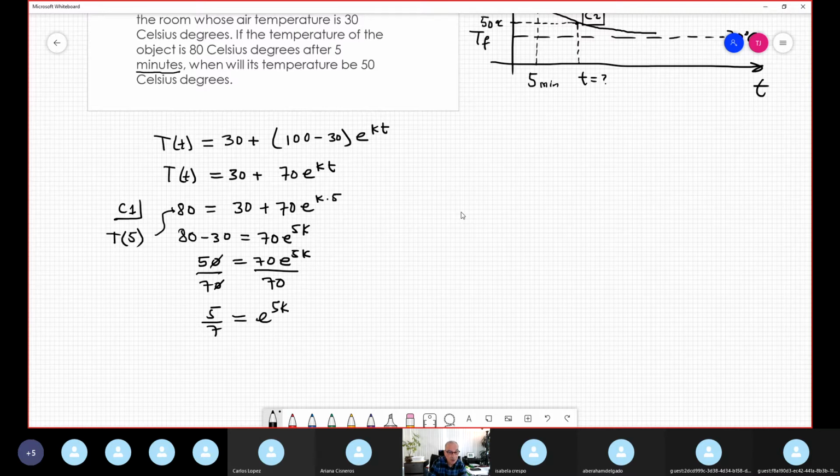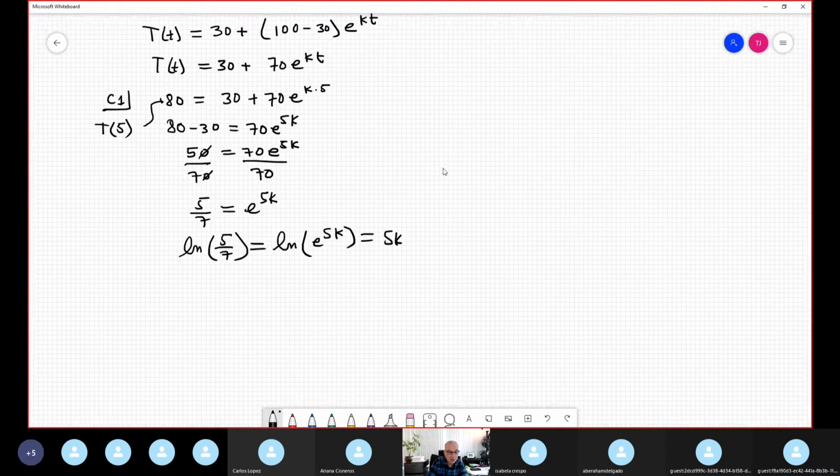Apply natural logarithm both sides. The natural log and the base cancel out, so 5k, therefore k alone is the natural logarithm of 5 over 7 divided by 5. And this is k. And this is a partial answer.